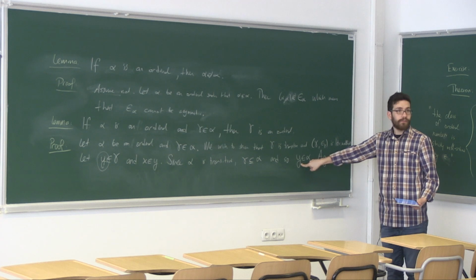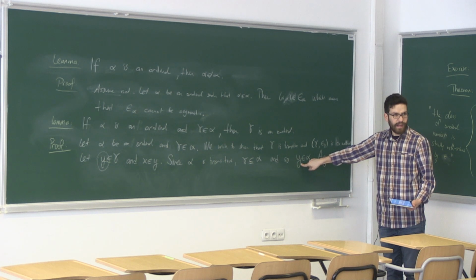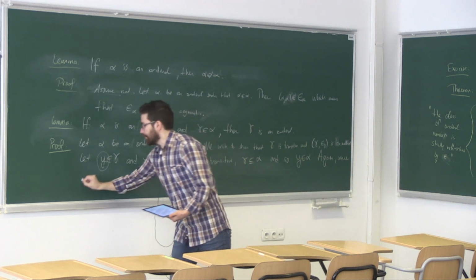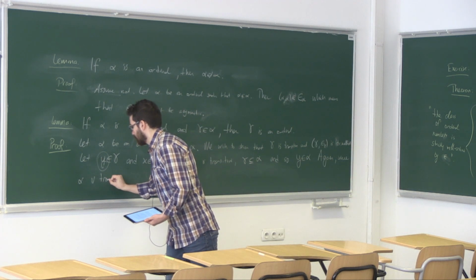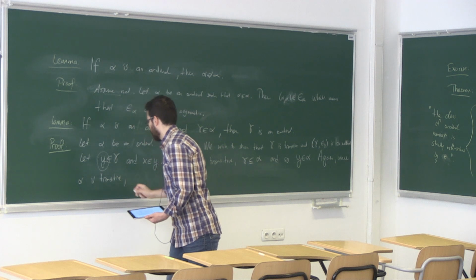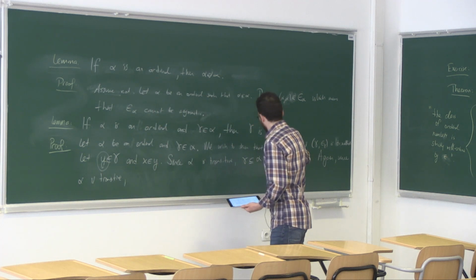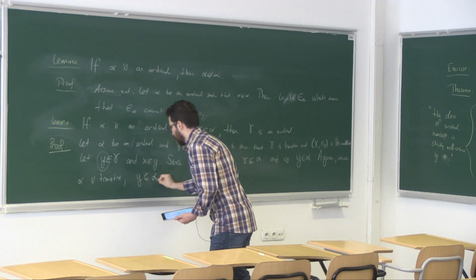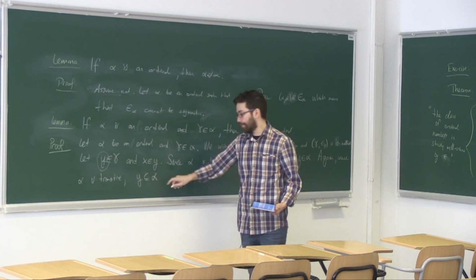Now I have an element of alpha. But alpha is transitive, which means that any member of alpha is a subset of alpha.